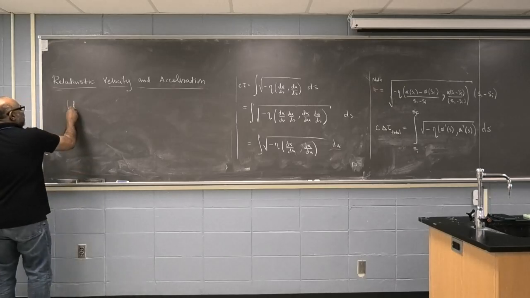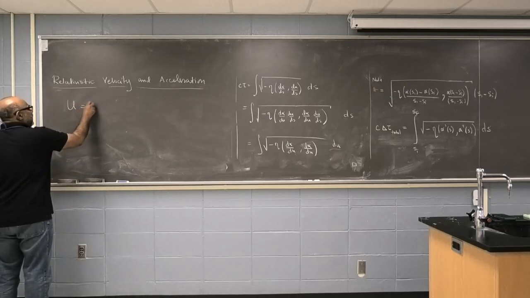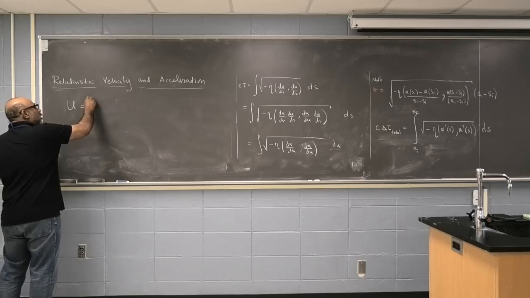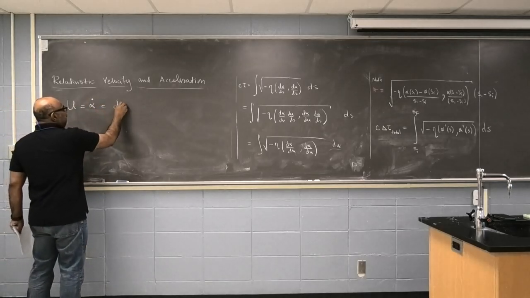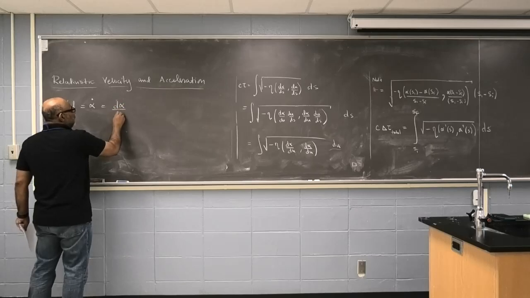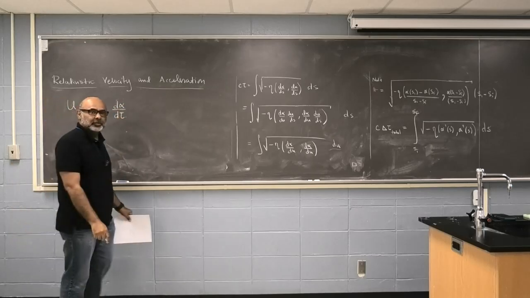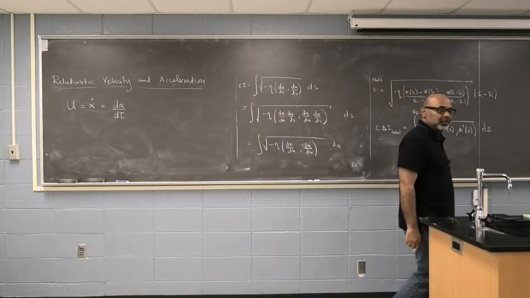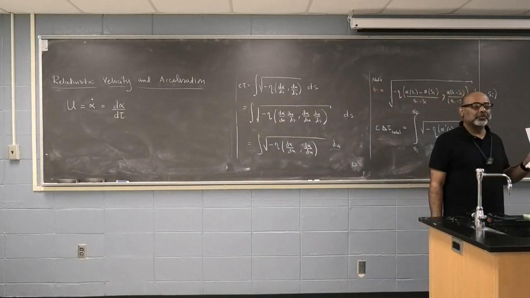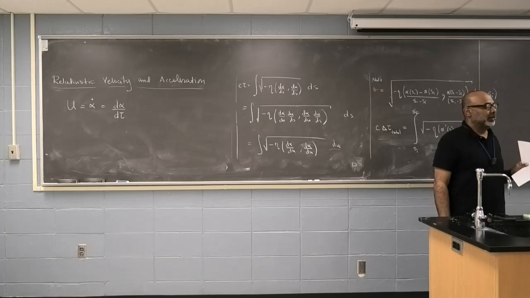The relativistic velocity u is often written as alpha dot. It's no longer a prime. It really means d alpha, d tau. Not any parameter, but the parameter of proper time.